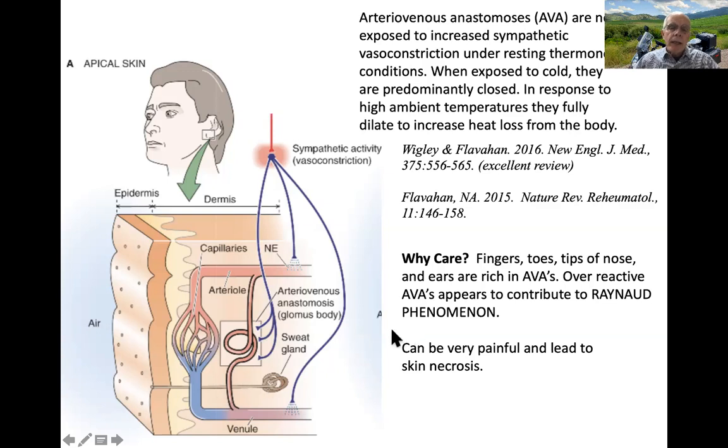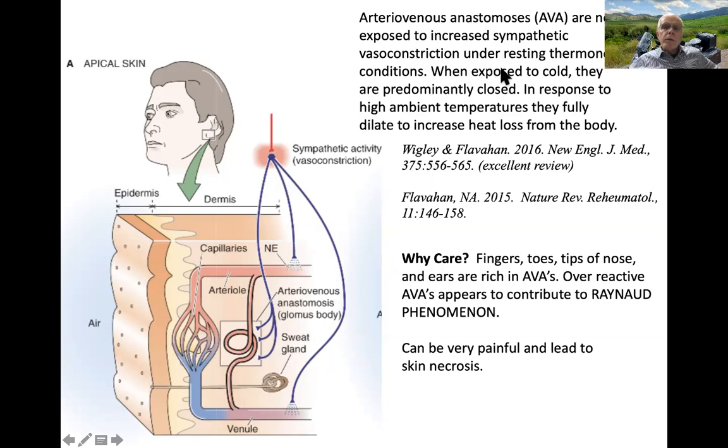Now, for the arteriovenous anastomosis, I provided about 3 sentences up here to summarize this for you. These structures are normally exposed to a rather high level of sympathetic stimulation. That means that there's increased sympathetic vasoconstriction almost all the time. So they're partially constricted, reducing blood flow.